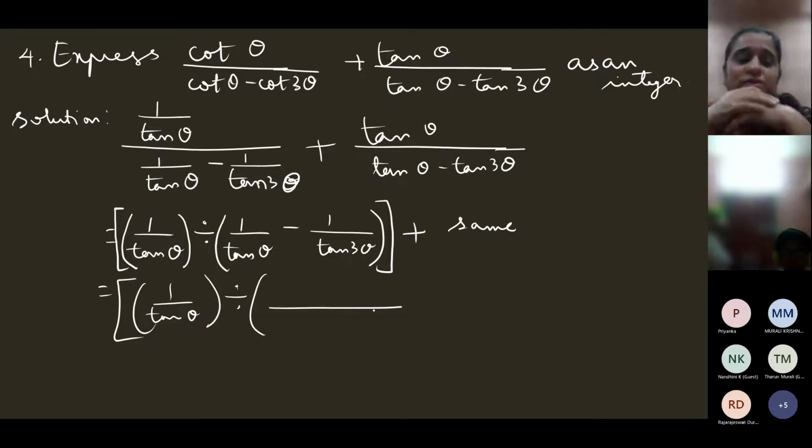So then what is the LCM of tan theta and tan 3 theta? According to what we normally feel, to get tan 3 theta from tan theta, we'll multiply theta by 3. But that's wrong, because to that angle alone, you cannot do something. Am I clear?